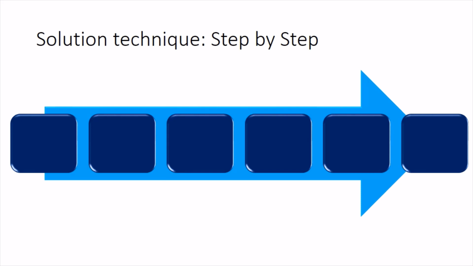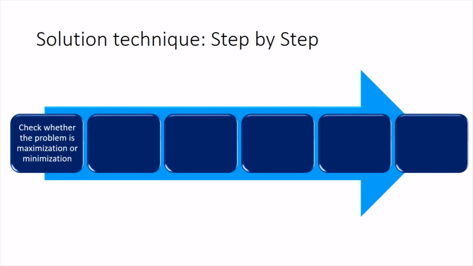The very first step which we have to do whenever we are given any transportation problem is we have to first check whether the problem is a maximization problem or it is minimization. This information will be coming from the statement of the question. You have to thoroughly read the question and identify whether the underlying quantity needs to be maximized or minimized. For example, if profit is given, profits need to be maximized.